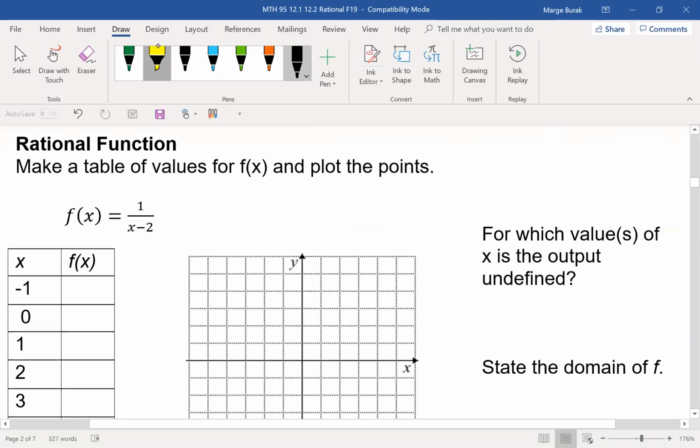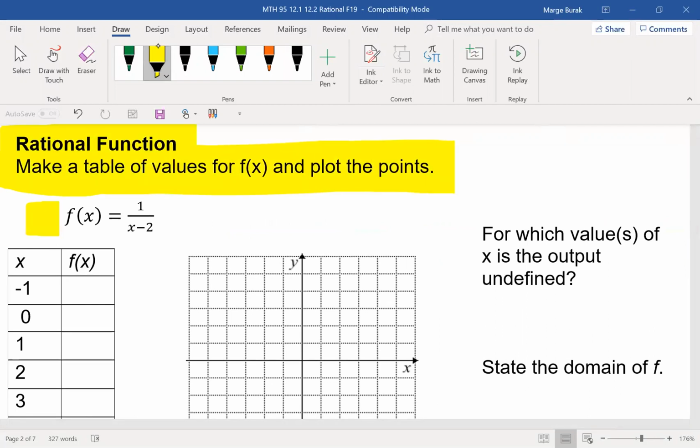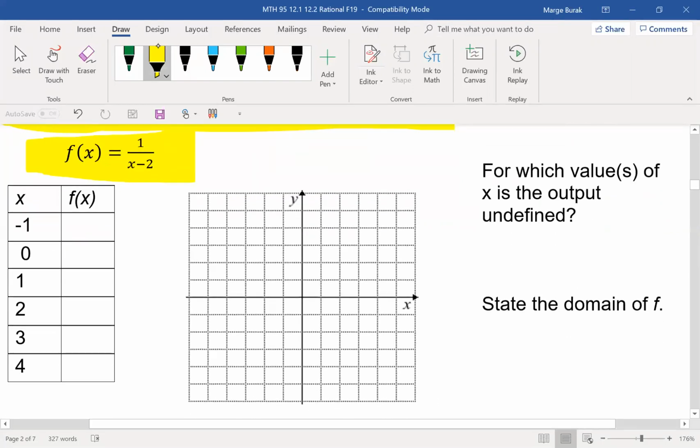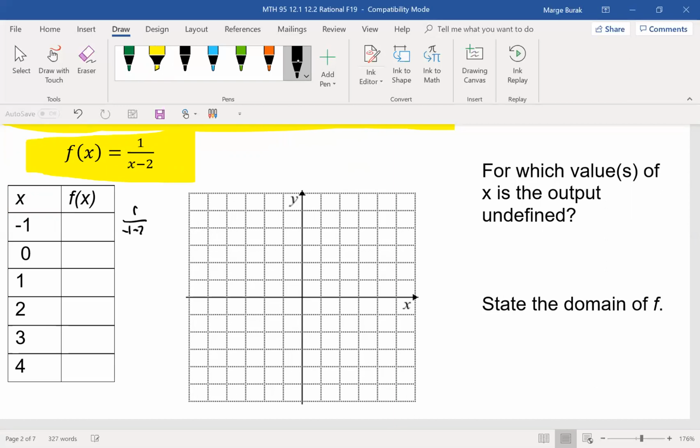Let's talk about different ways we can see rational functions. You can have a table of values, and here's our equation. Let's look at the function 1 over x minus 2, and we'll complete this table of values. If x is -1, that would be 1 over -1 minus 2, or 1 over -3.